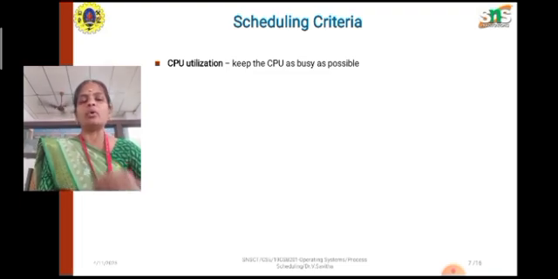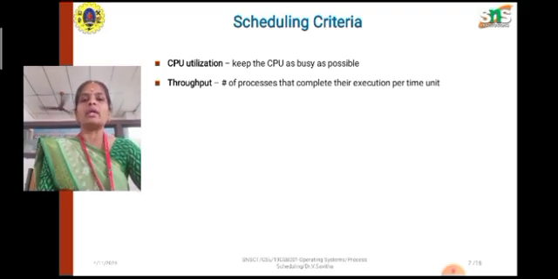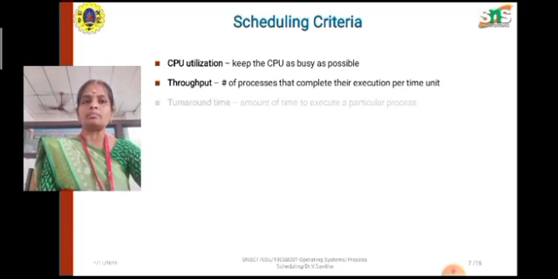I have to keep my CPU always busy, so that every time there is a process to get scheduled and executed. The next one is throughput. When the CPU utilization is high, obviously the throughput is also high. How many processes are executed in a particular time is defined by the throughput.